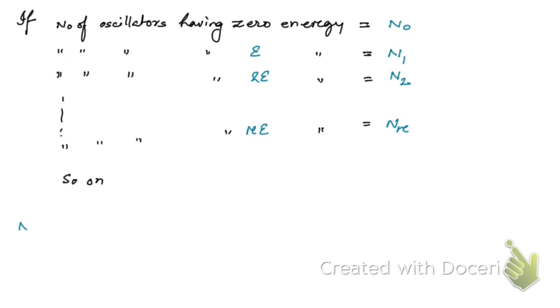Then we can find the total number N is equal to N0 plus N1 plus N2 plus dot dot dot plus Nr plus dot dot dot and so on.